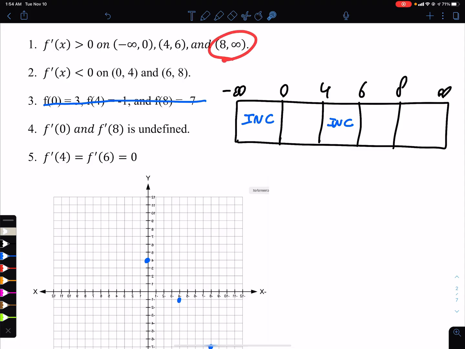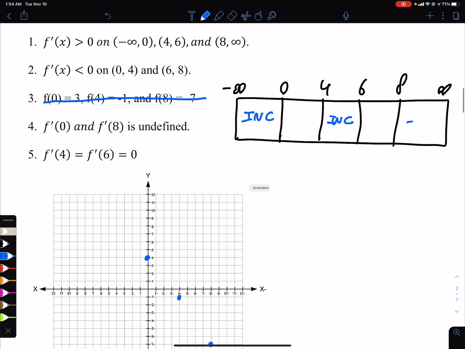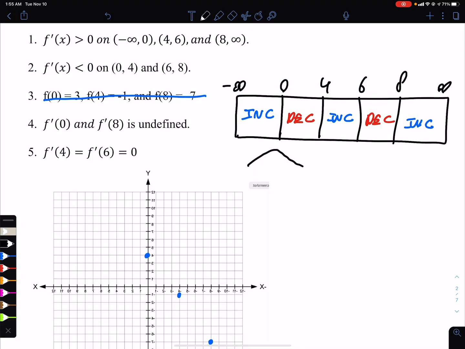And then 8 to infinity, the derivative is positive, so the function is increasing. Now from 0 to 4, the derivative is negative, so on that whole region, the function is decreasing. And then from 6 to 8, the derivative is negative, so we know it's decreasing on that region. So we have this general increasing, decreasing, increasing, decreasing, increasing general shape of the function.